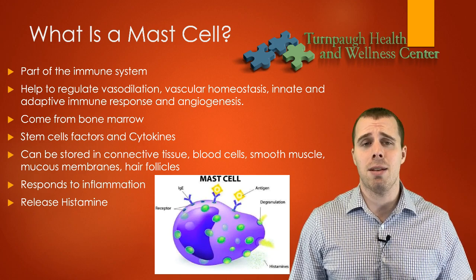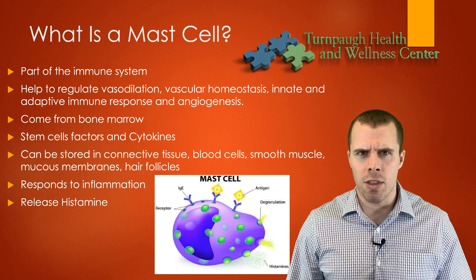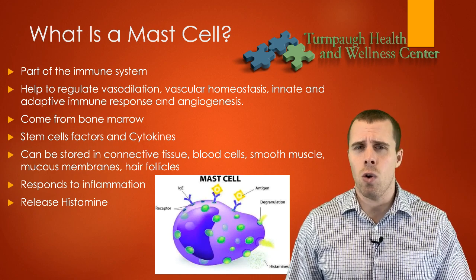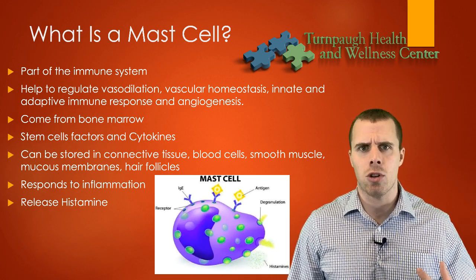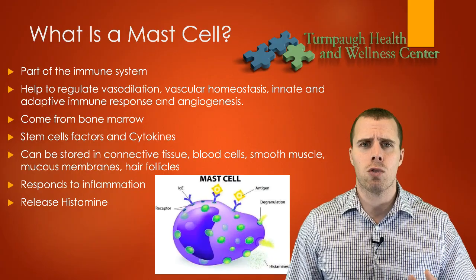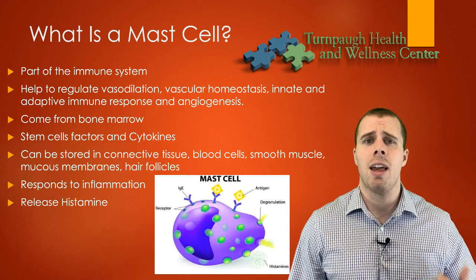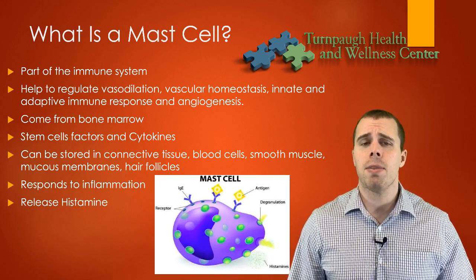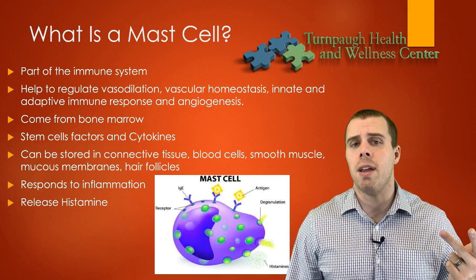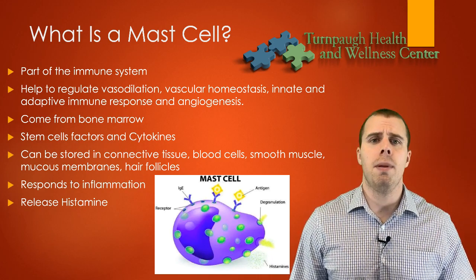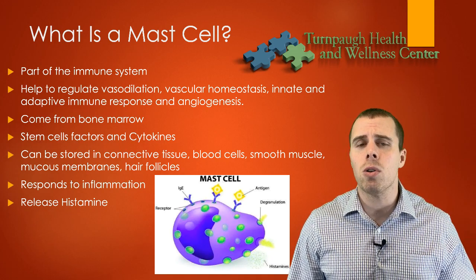But they release this histamine, and the histamine allows whatever is being targeted, that cell or structure, to be permeable. It allows things to enter into that cell or that structure, mainly white blood cells, which can now come in and kill the antigen, which could be a pathogen, a bacteria, a virus, a food allergen, a mold, a mold spore, or a chemical.